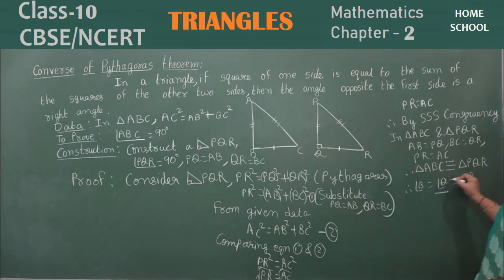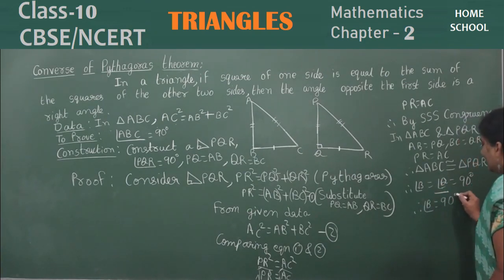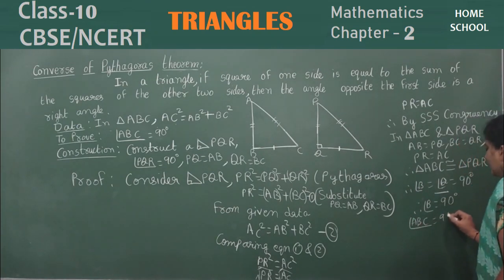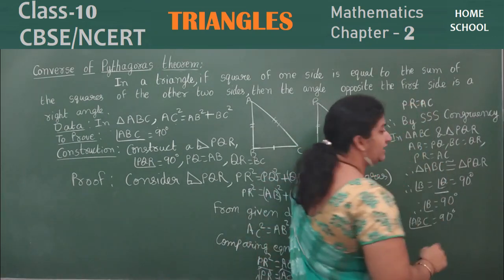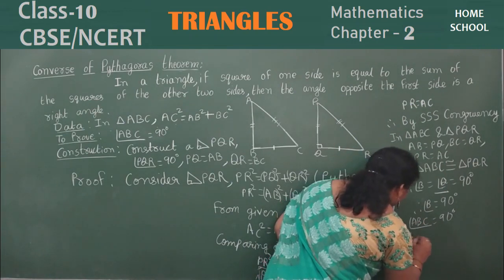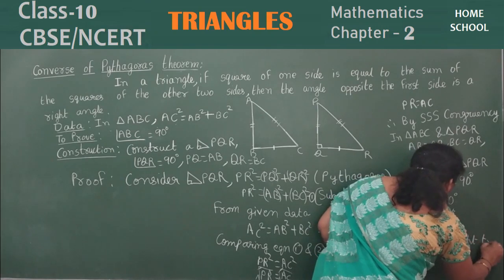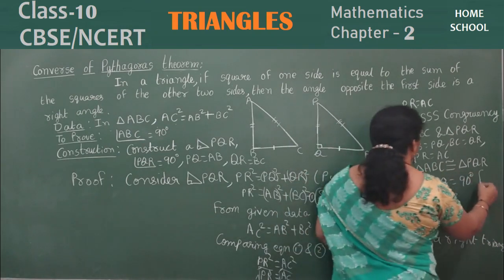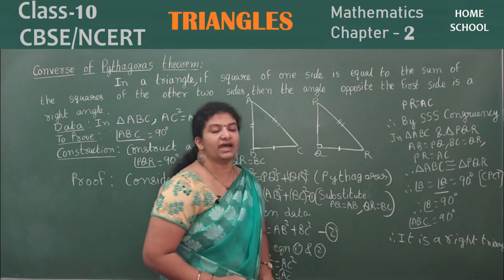What is angle Q? 90. If this is 90, then angle B is equal to 90 degrees. That means angle ABC is equal to 90. Therefore, it is a right triangle. How have I equated this angle, children? By CPCT. Okay, it is a right triangle.